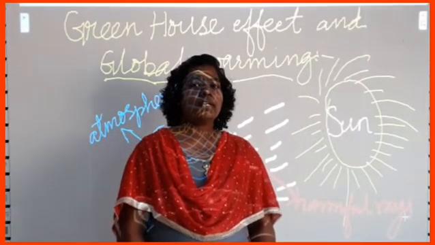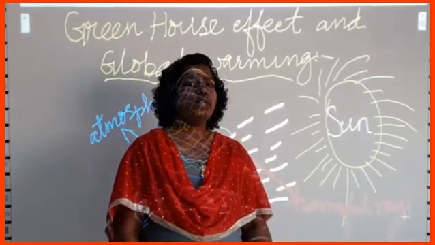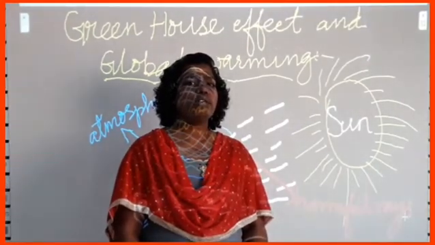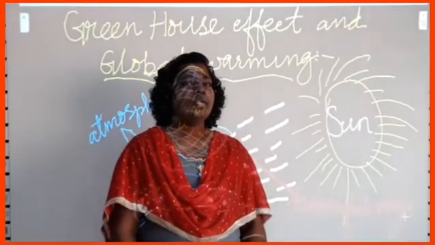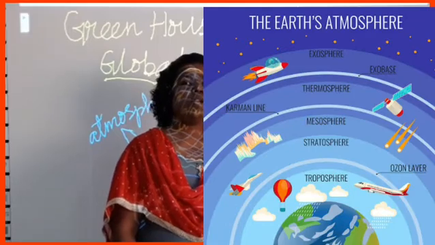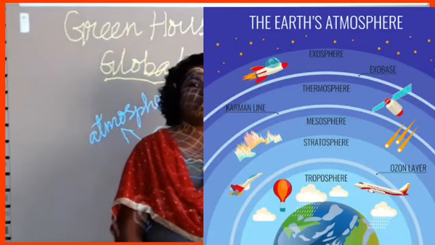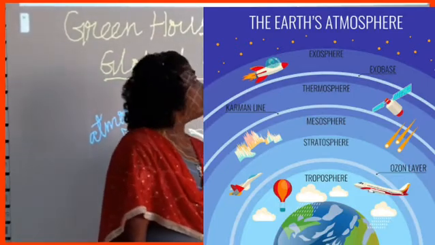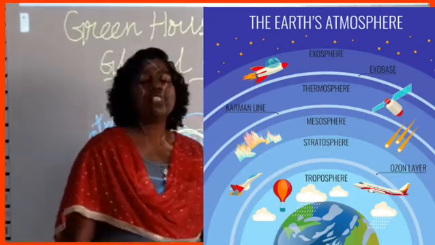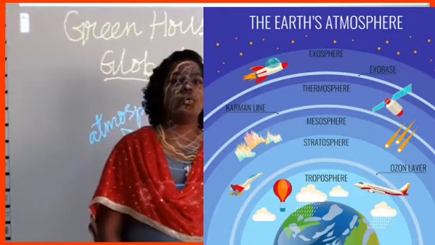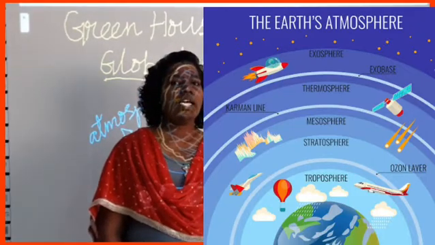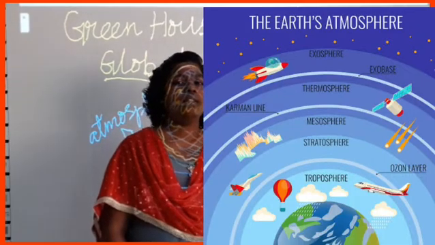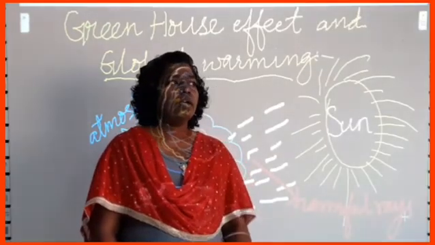Children, in the previous class, we learned about the composition and the structure of the atmosphere, and about the different layers of the atmosphere. In this class, we are going to learn about the greenhouse effect and global warming.